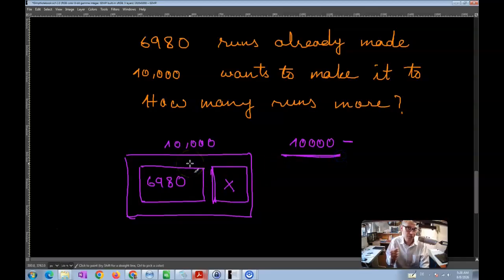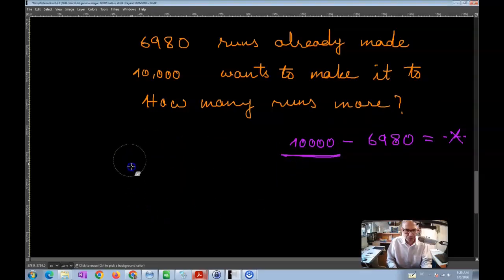And then the number of runs that he has already made, you will subtract from that, which is 6,980. And then whatever you get over here is the number X, the number of runs that he has to make more, so that he makes a total of 10,000, right? Now this subtraction, you might find it useful.